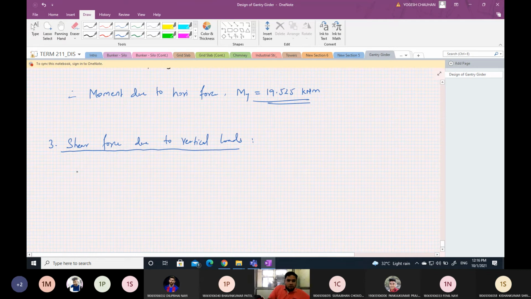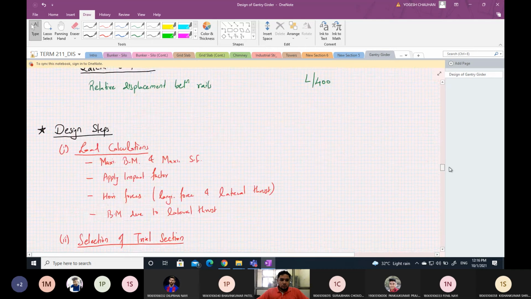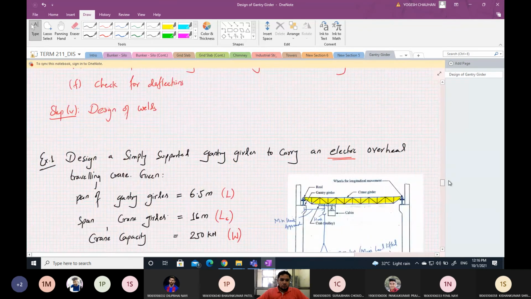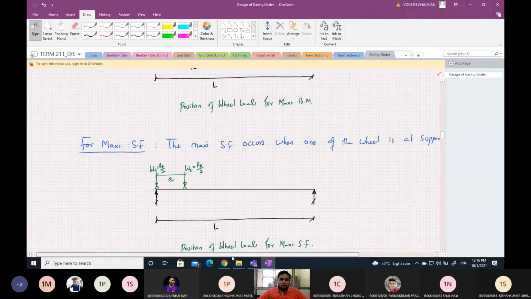now for that, the position of crane wheel loads which gives maximum shear force is this.